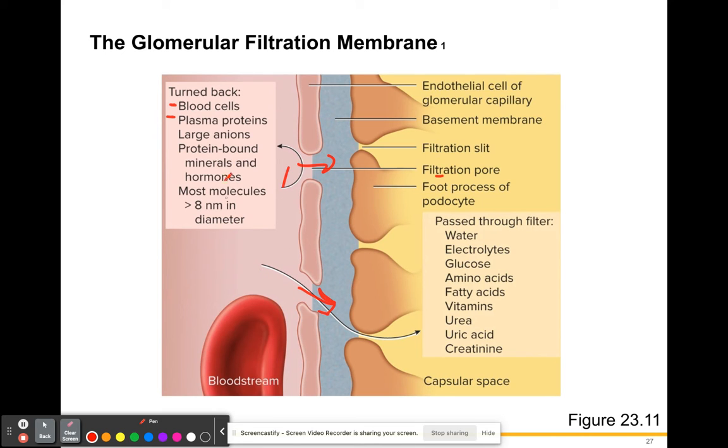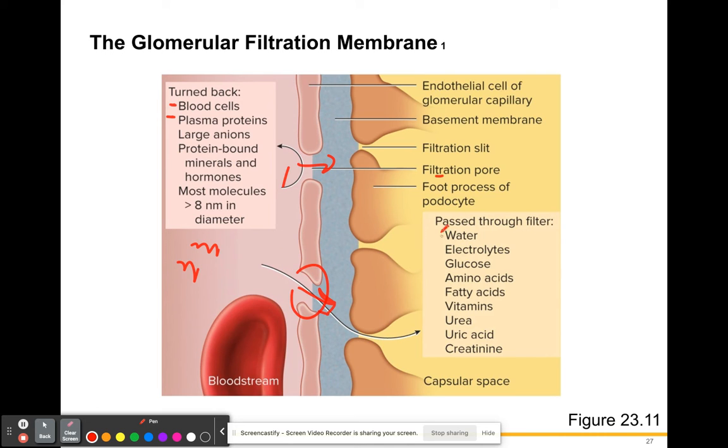We want our proteins to stay in our blood plasma. So our albumin and all the other proteins that exist in our blood plasma are going to stay in here. Okay, protein-bound minerals and hormones. Those are also going to stay in here. We want those protein-bound minerals and hormones to stay in our blood plasma. And any molecule that's greater than 8 nanometers in diameter is not going to fit through this pore.